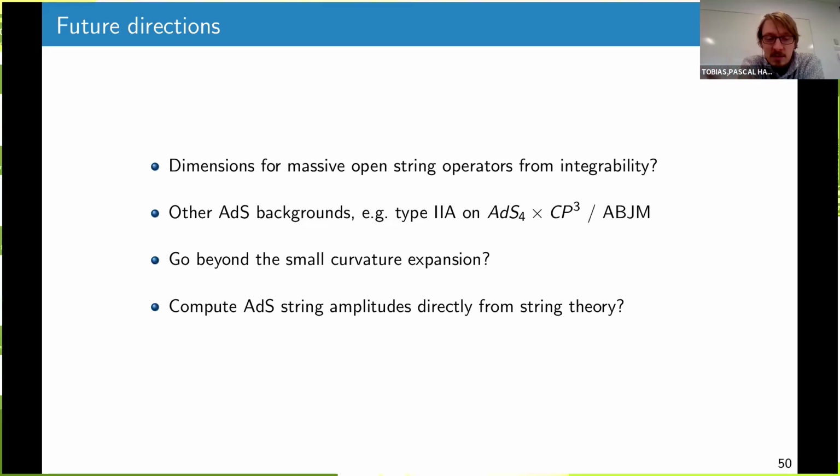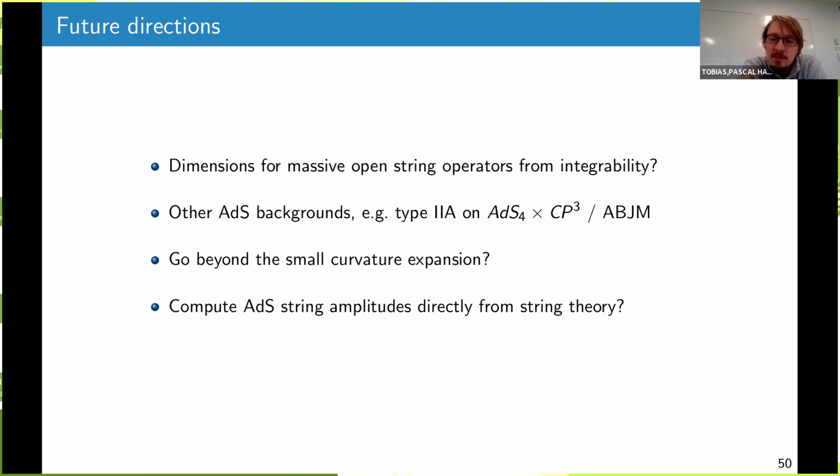And finally, of course, it's important that this can eventually be computed directly from string theory. So the contenders are maybe pure spinors. In this case, the vertex operator was already computed, but it still needs to be brought into a covariant form so that we can compute 3- or 4-point amplitudes.